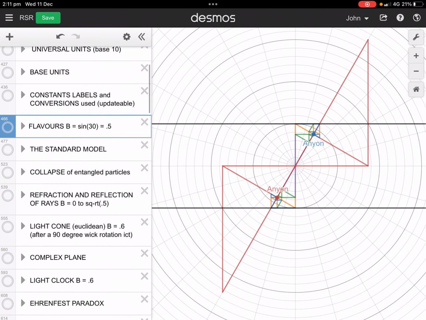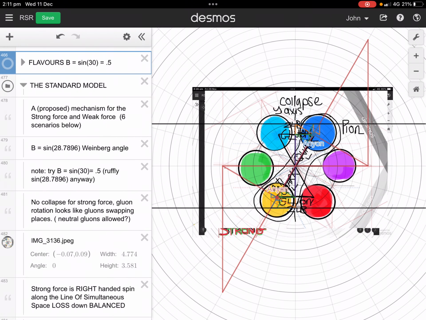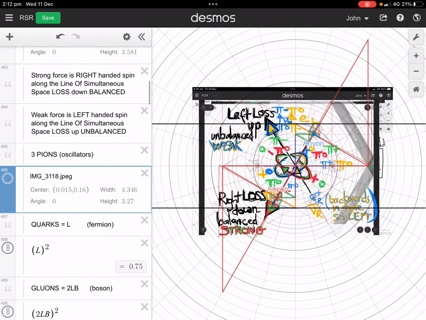And then there's the standard model. That's just a basic picture of the 3 pions. And I've also tried to put everything into the one picture to show how the right-handed spin is balanced and how it looks like colours are getting swapped.